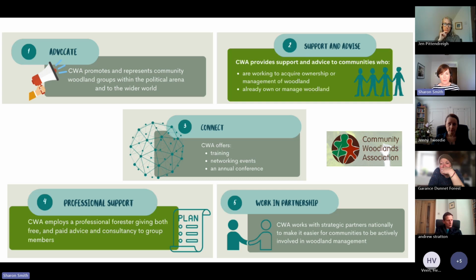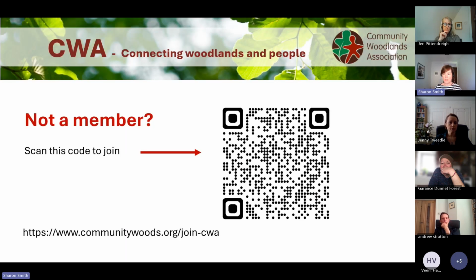One of our team members, Piers Boise, is a professional forester, and he is able to provide paid advice and consultancy to any groups that are looking for that support. And we work in partnership with strategic partners across Scotland to make it easier for our communities to be actively involved in woodland management.